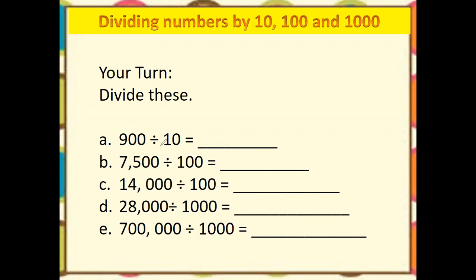Okay, check your answer. Yes, 7,500 divided by 100 is 75. Why? Because 100 has got 2 zeros, so cancel that. So 75 is the answer.